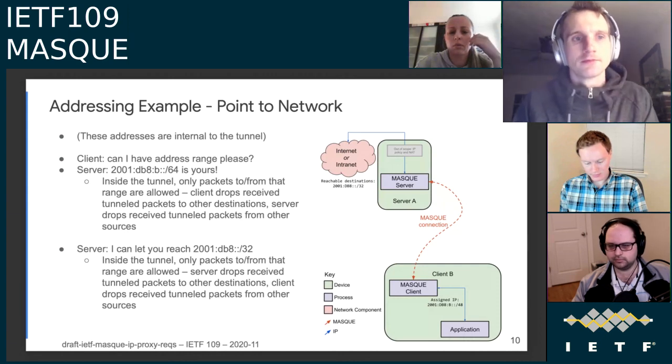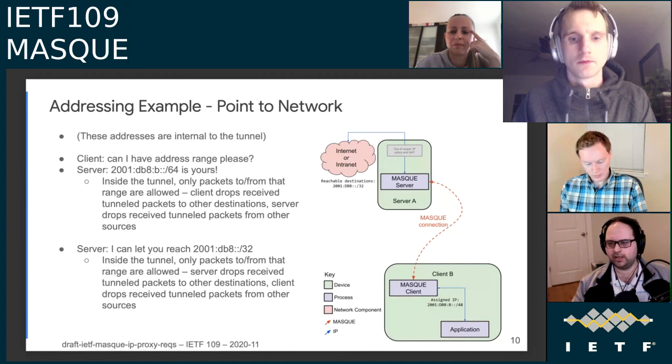Yeah, so I see why you want to provide reachable addresses in the network-to-network case, but I'm not sure why you need it in the point-to-network case, where the network is the open internet. In the point-to-network case, think of an office VPN, where you want to provide a reachable destination, which is the internal addresses of the office, but you don't want to proxy the client's entire internet. Yeah.